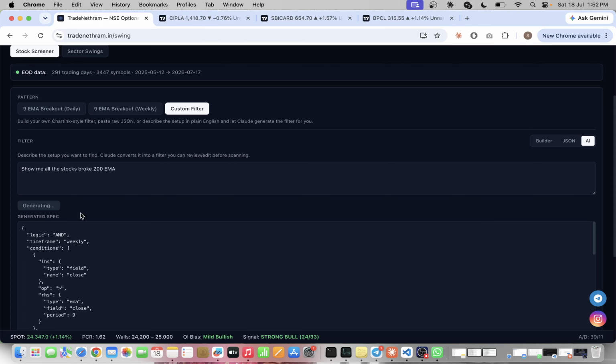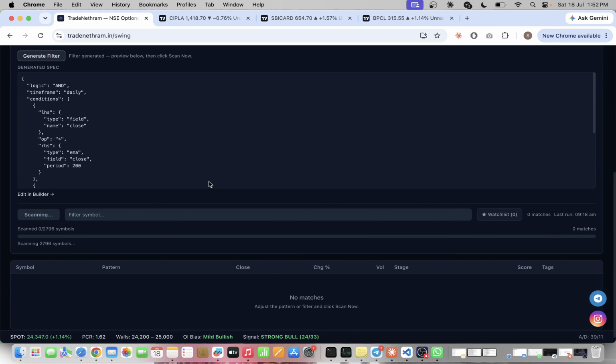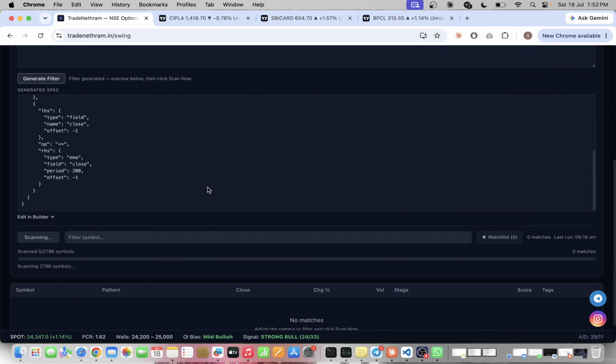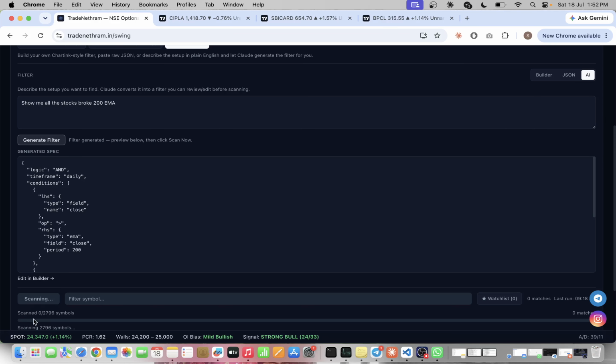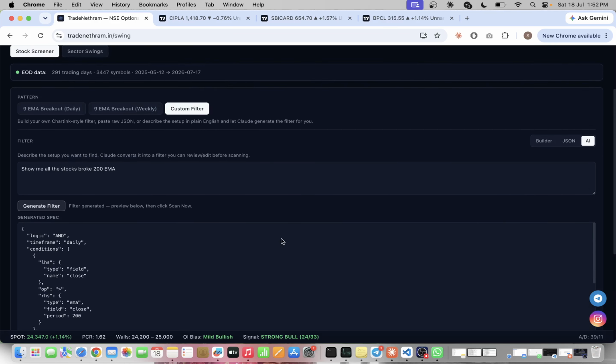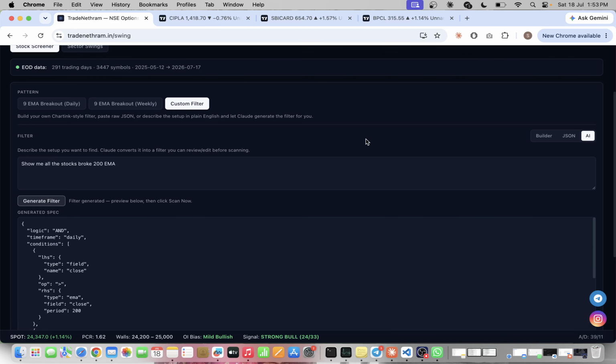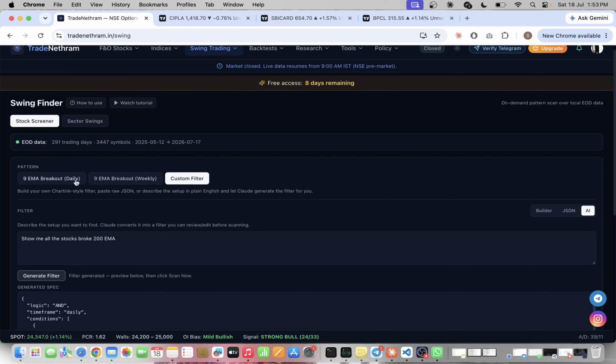And it will generate the filter and it will automatically scan the stocks for you. Right now the existing scan is running, but we cannot see anything right now. Yeah, it will generate the filter and it will automatically show you all the stocks which are meeting this criteria. Okay, that is about the swing stock screener.